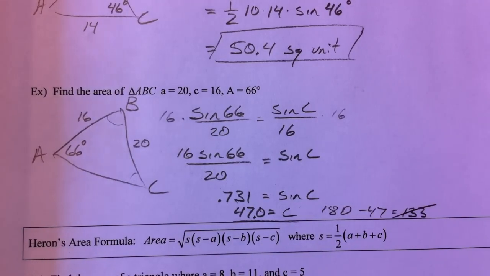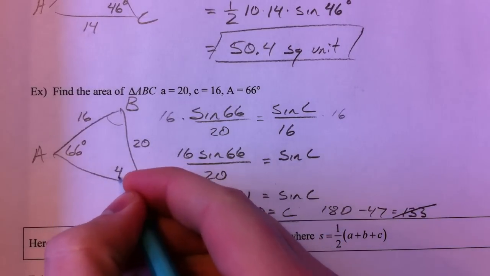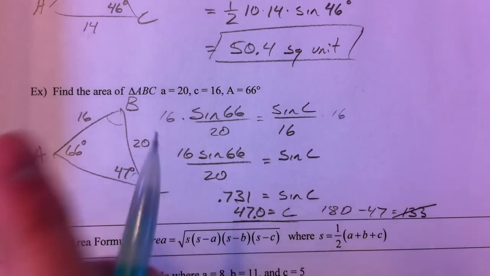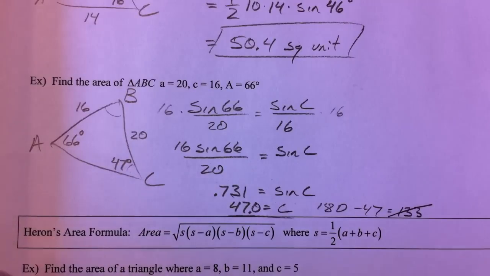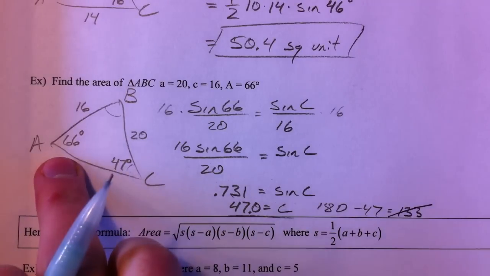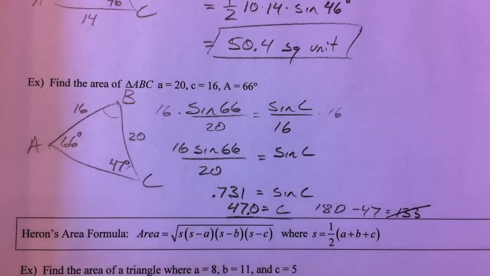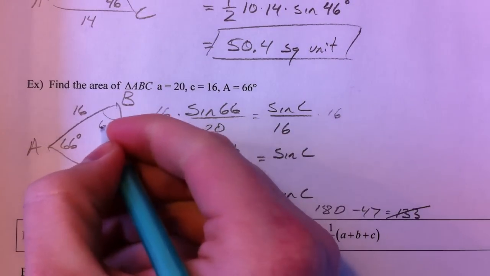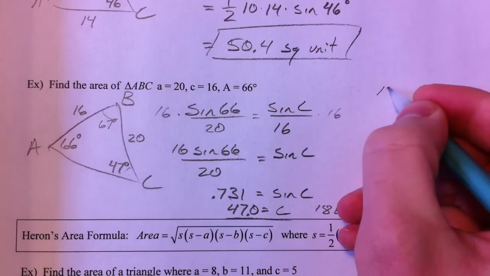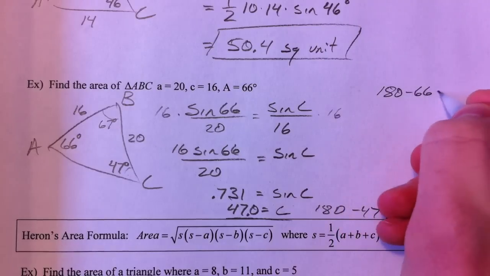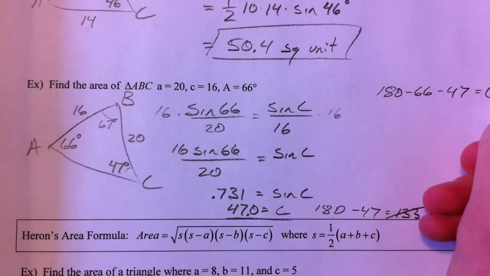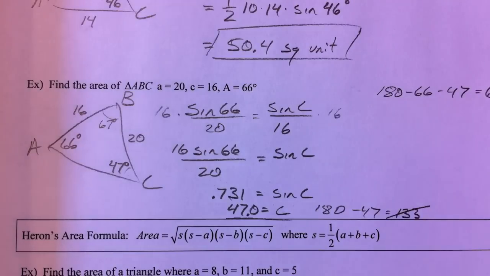So we still only have one triangle possible. And so we've got 47 degrees here. So to find that leftover angle, 180 minus your 66 minus your 47 leaves 67 degrees here. For your leftover angle B.